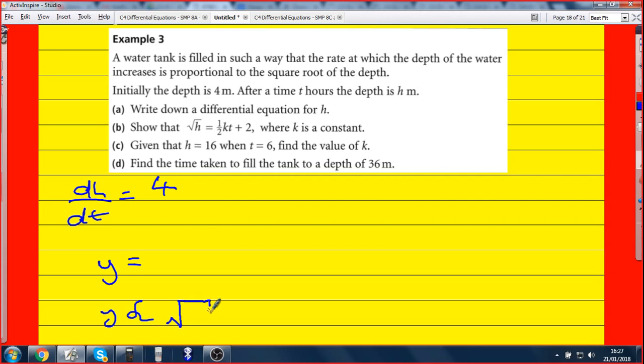Yeah. Okay. And then, so in this case, so with y we'd use x. Let's just use h for this one. So y is proportional to the square root of h. What would be y equal to in terms of proportion?